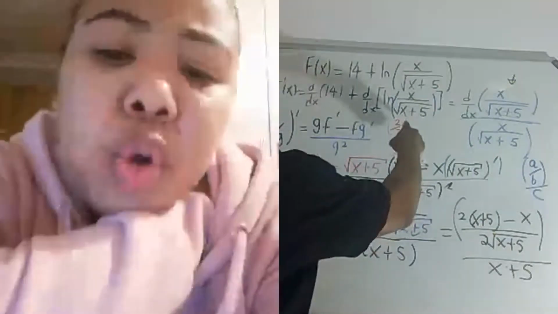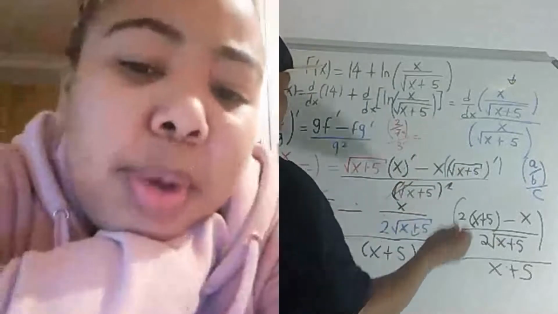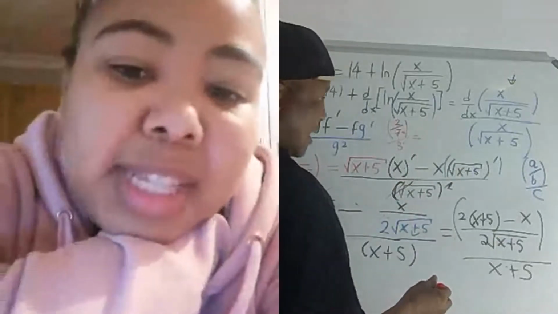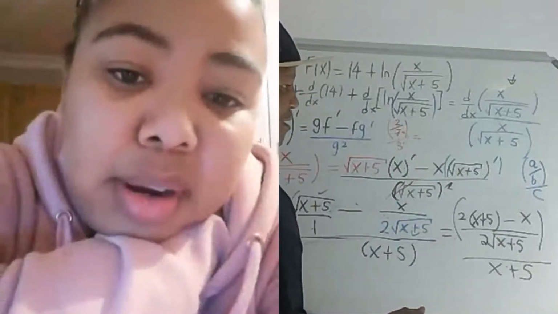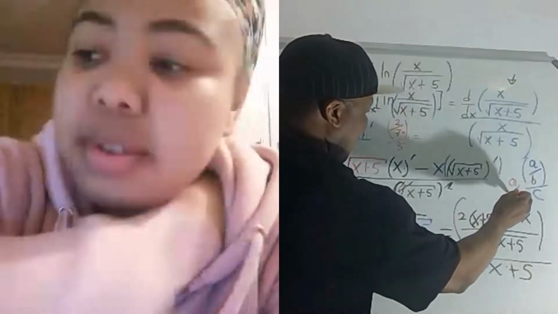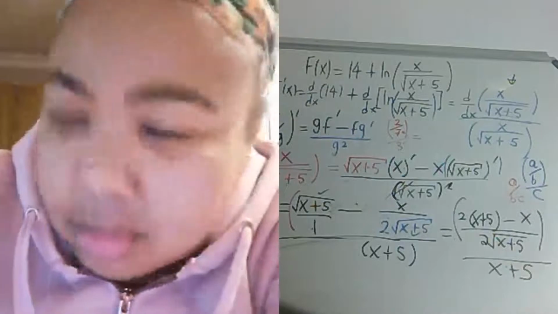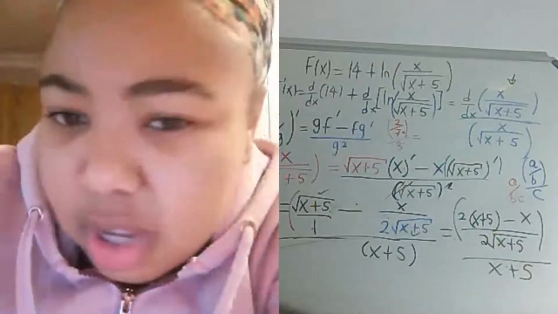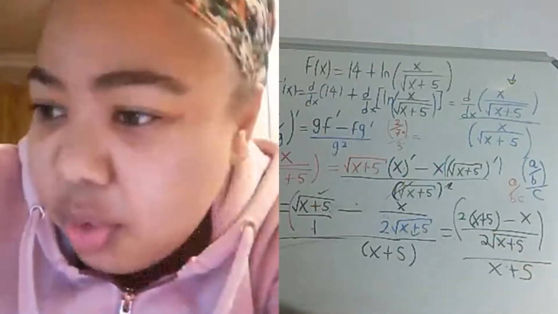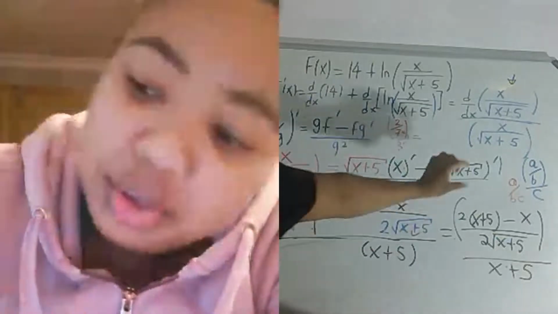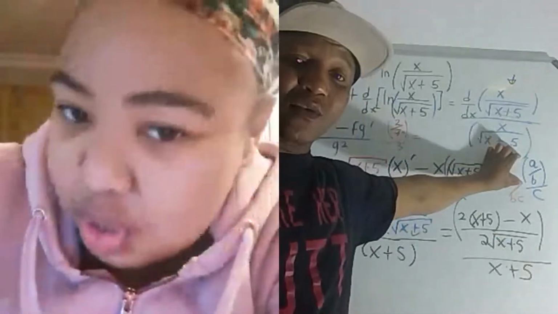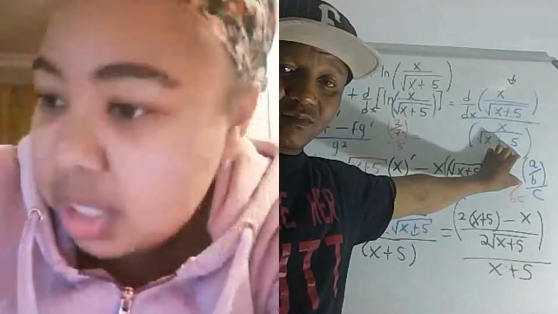So if it's a over b over c, it means that b and c become 1. So it's going to be a over b times c. Let me just write that down. Hold on. A over b over c. But you must put the bracket on top because this is the one group.